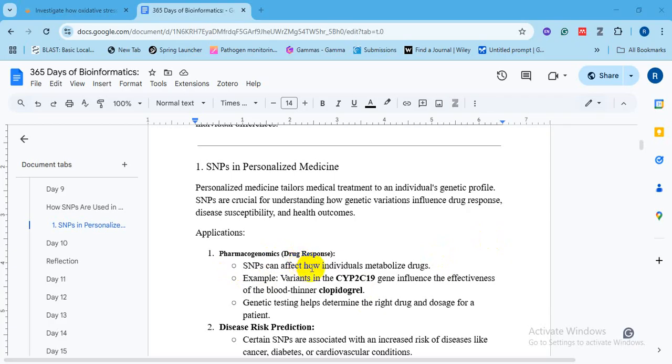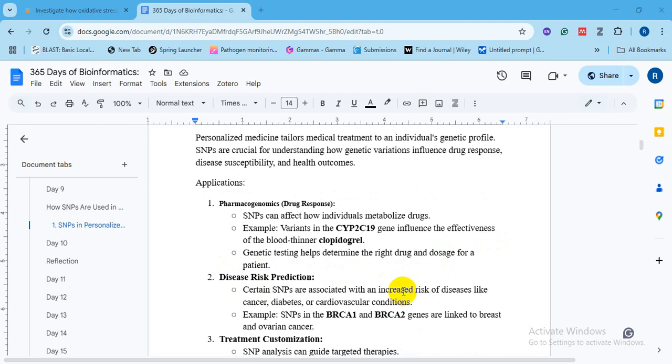Application number 1, pharmacogenomics. What does it mean? It is drug response. SNPs can affect how individuals metabolize drugs, and according to that, how they respond to them. Example: variation in the CYP2C19 gene influences the effectiveness of the blood thinner clopidogrel.